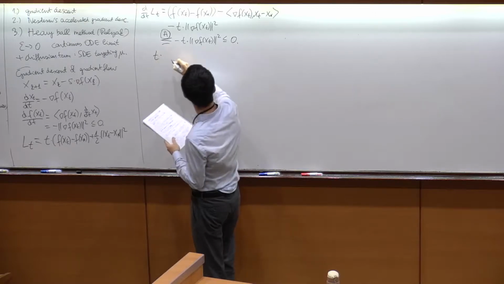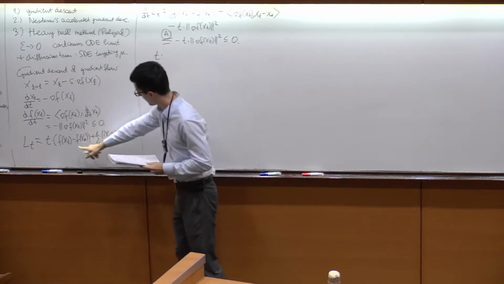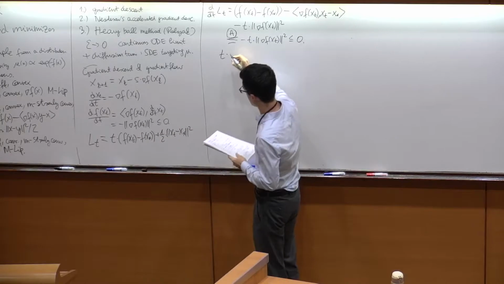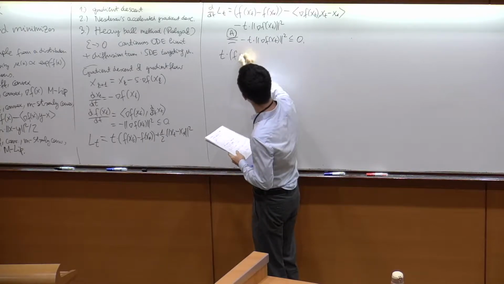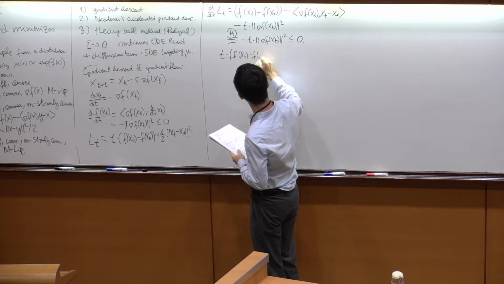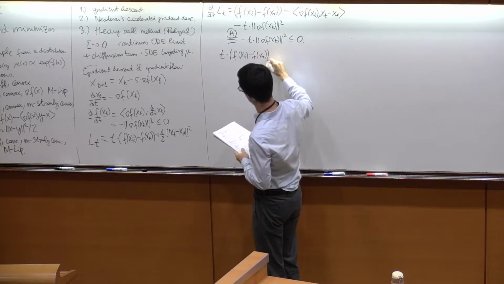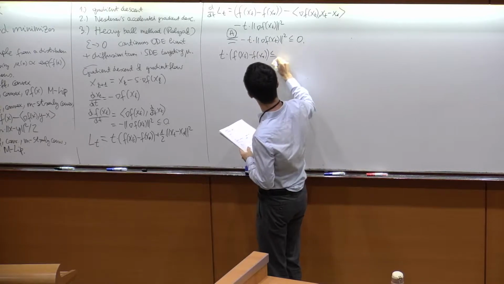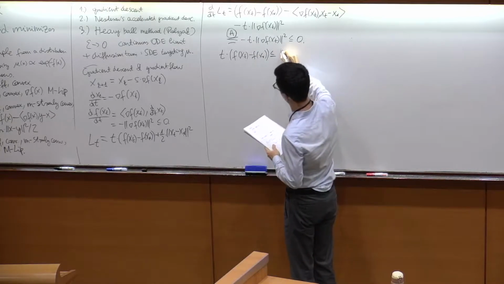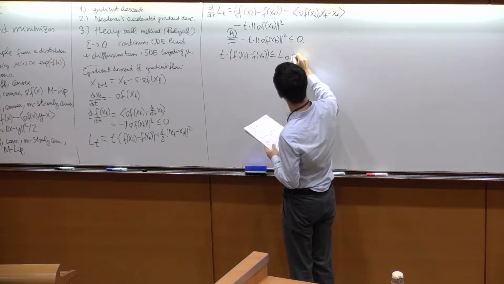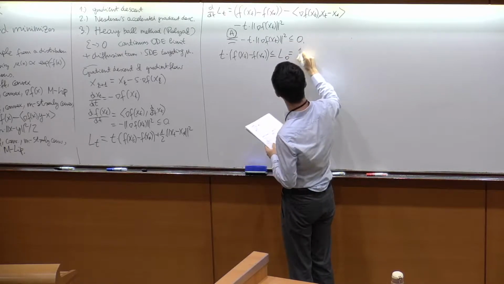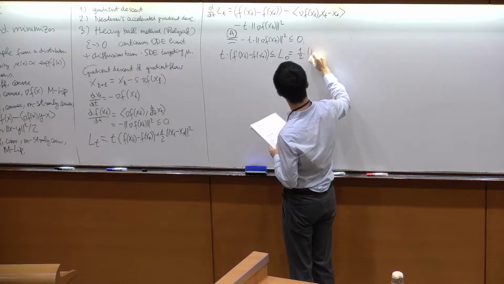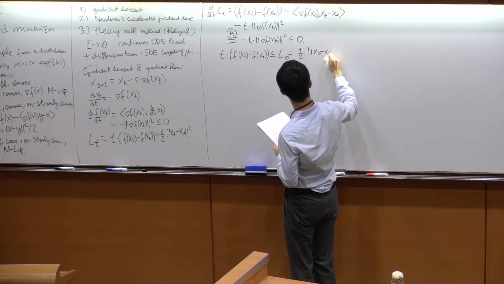Given the form of L_t, this implies that t times (f(x_t) minus f(x star)) is less than or equal to L_0, which is equal to 1/2 times the squared norm of x_0 minus x star.